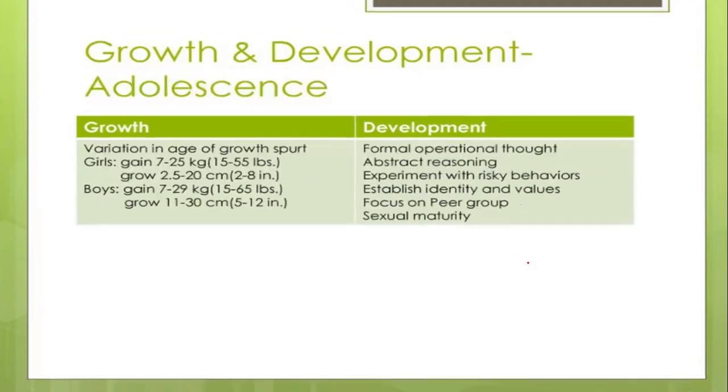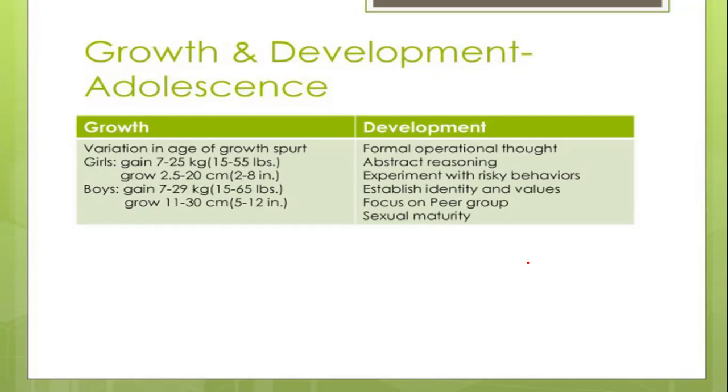And when they reach adolescence, when we're talking about growth, there is variation in age of growth spurt. Girls gain from 7 to 25 kilograms and grow from 2.5 to 20 centimeters, and boys gain from 7 to 29 kilograms and grow from 11 to 30 centimeters.